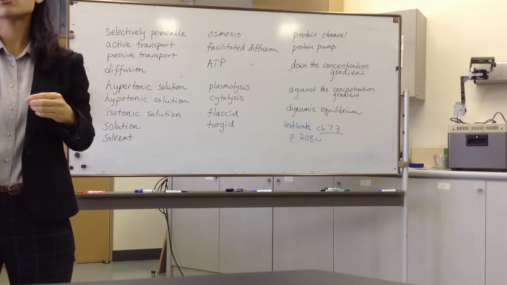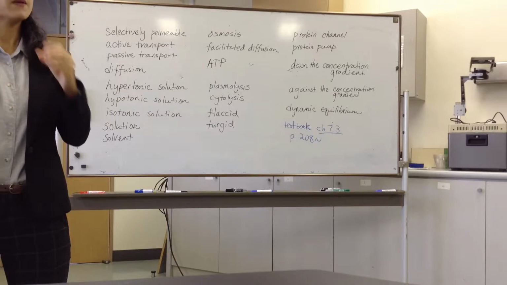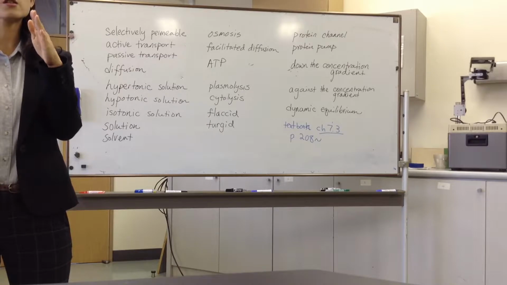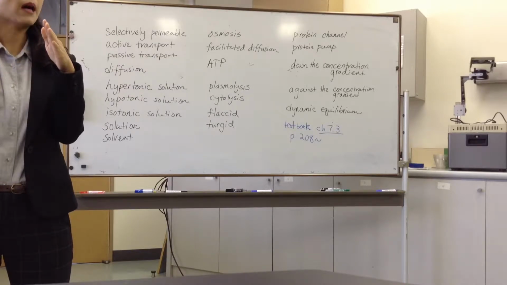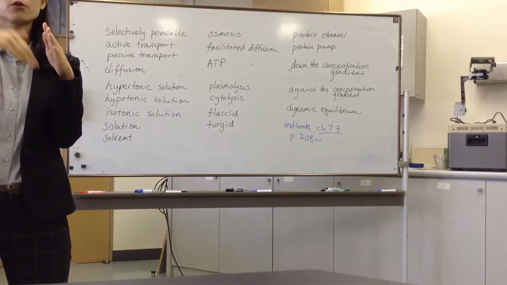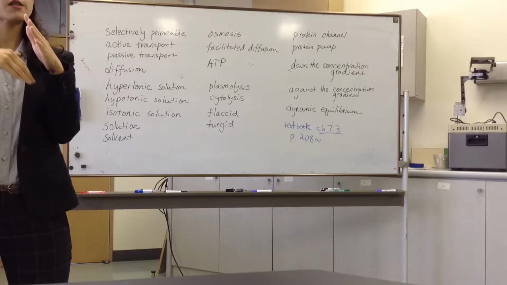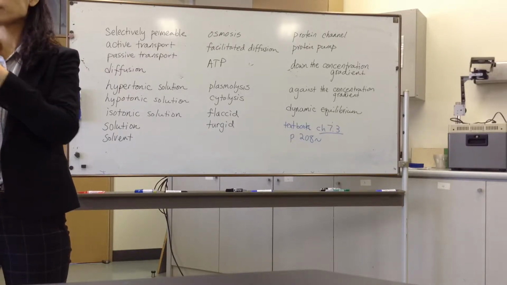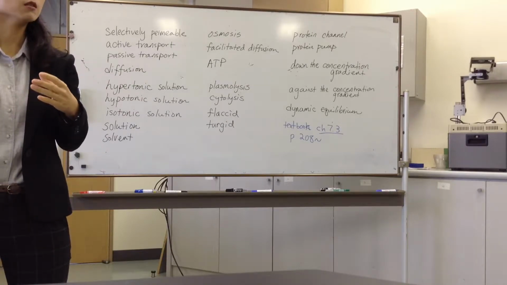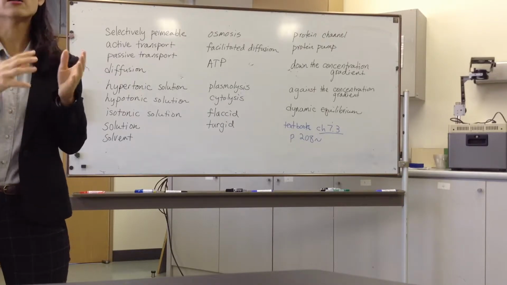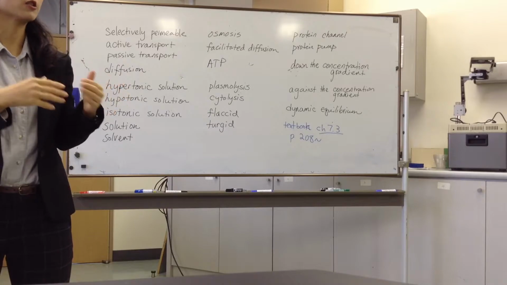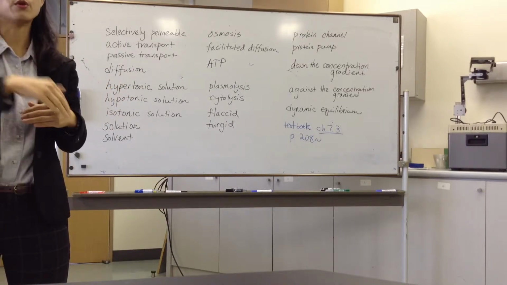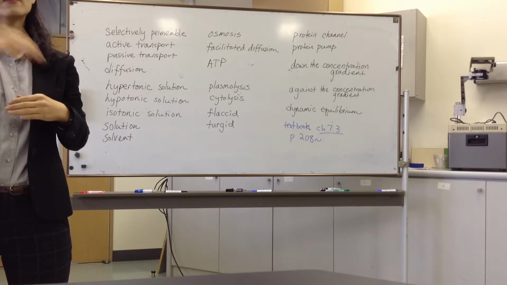Whereas channel proteins, it's sort of like open channel, and things just move on its own by diffusion. It just diffuses across. And so the active transport uses energy, and channel proteins don't use energy. It just allows that certain material to just pass through or flow in, or flow out.